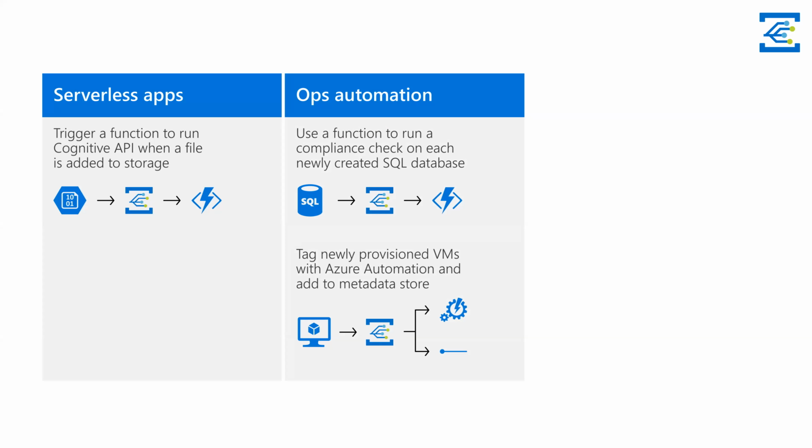Another example is operations automation, right? When we provision new resources, we want to categorize those, or we want to kick off some process, for example. Again, it's very reactive in its nature, right? Something has to happen. The resource has to be created. Only then will we execute the work.